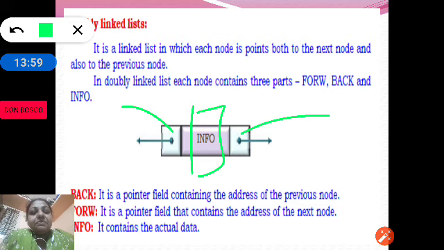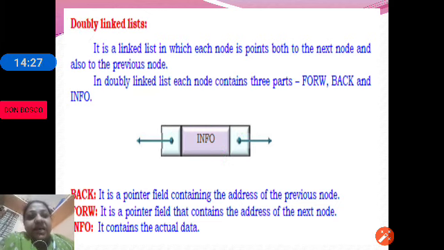So in a doubly linked list, we can move in the forward direction and also in the backward direction. Each node has three parts: forward, back and info. Back stores the address of the previous node, forward stores the address of the next node, and info stores the actual data. Since there are two links, it is called doubly linked list.